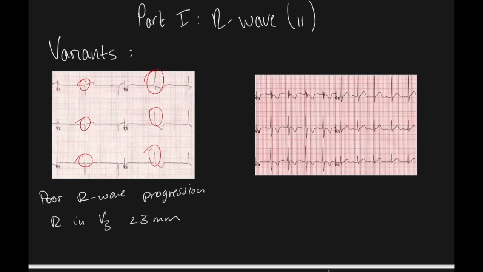And then on the right, in this 12 lead, we have very dominant R waves in V1, V2, V3. But in pediatrics, this is normal. So pediatrics have dominant V1 through V3 R waves.